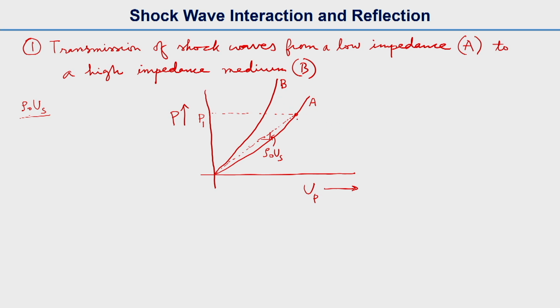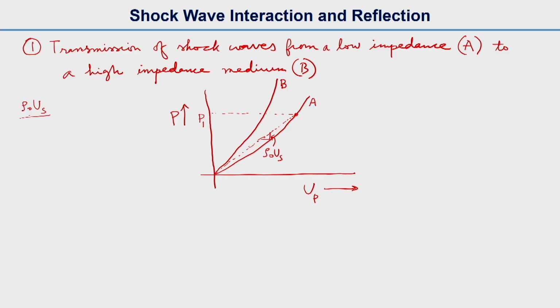Now we will draw the reflected wave. That should be a mirror image of the curve A, because the reflected wave will follow the opposite path.